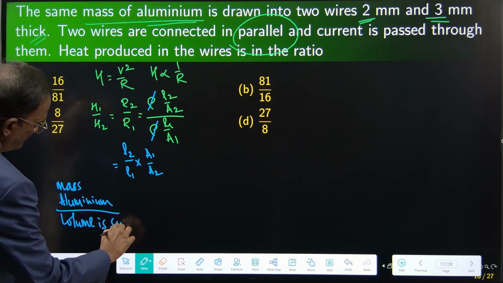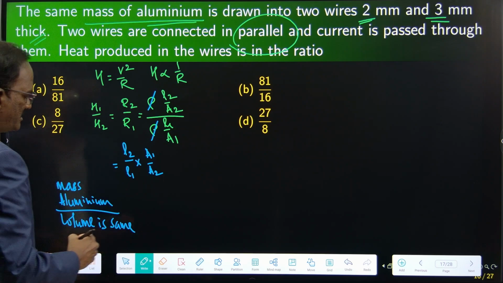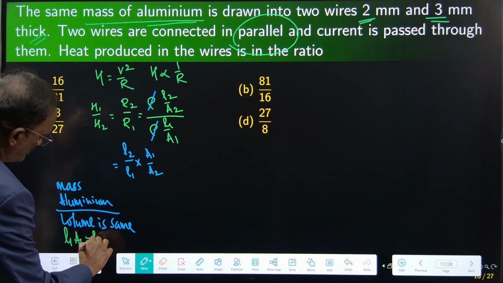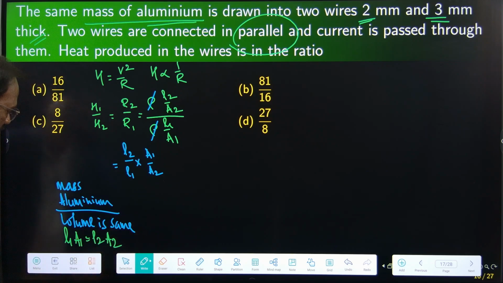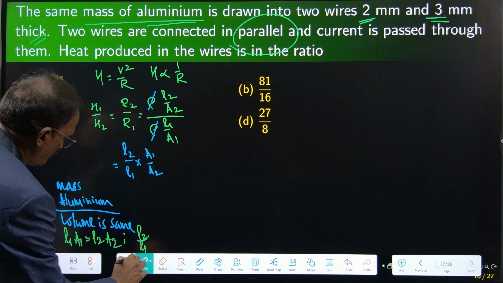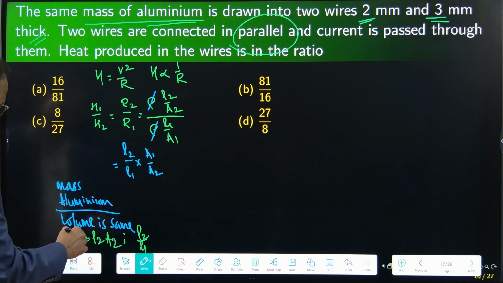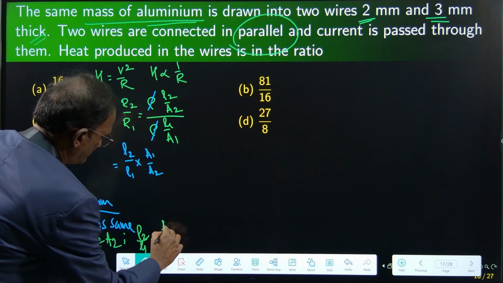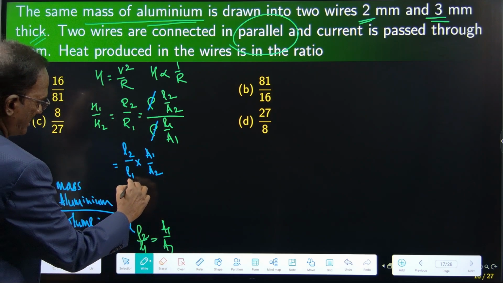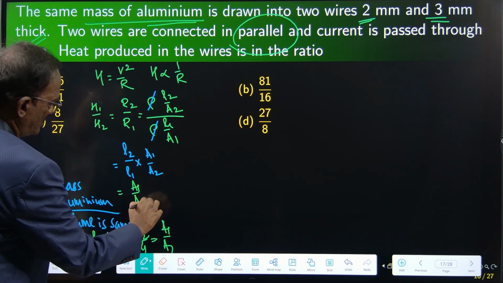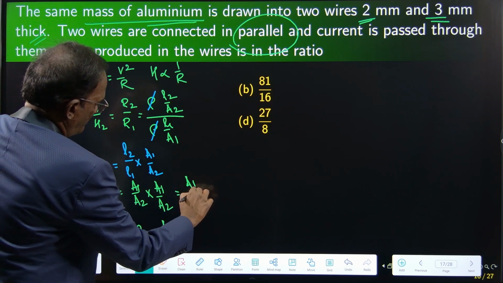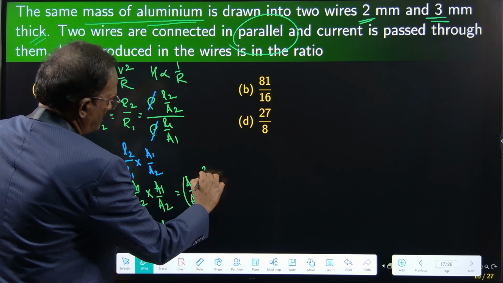Since the volume is the same, we write L1 A1 is equal to L2 A2. So L2 by L1 is equal to A1 by A2. Instead of L2 by L1, I will write A1 by A2 into A1 by A2, so this is A1 by A2 square.